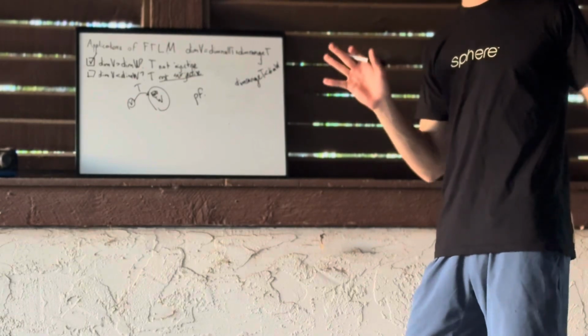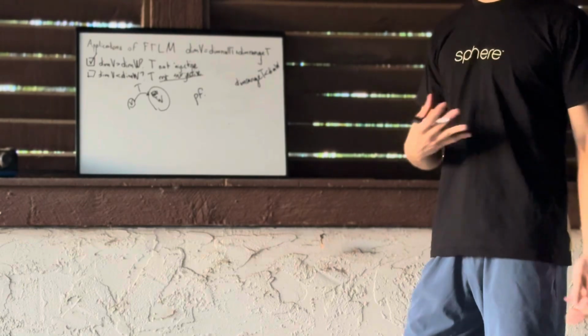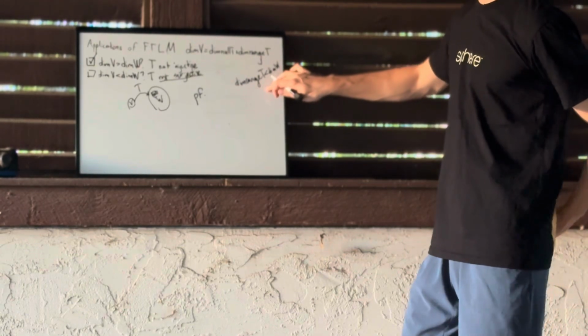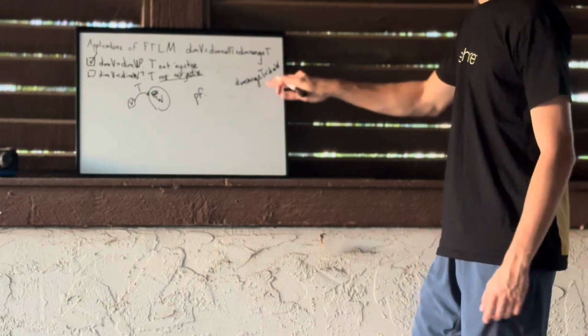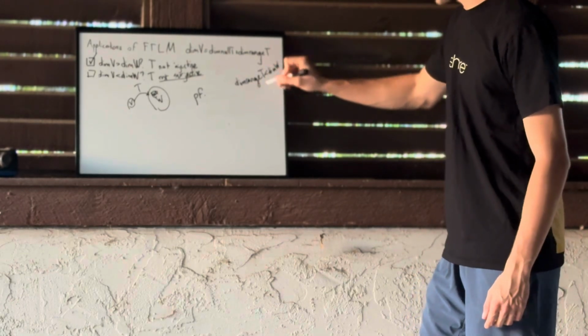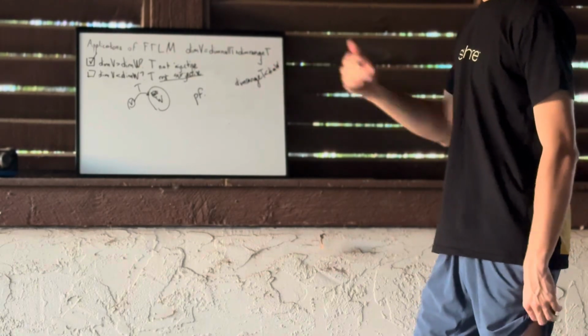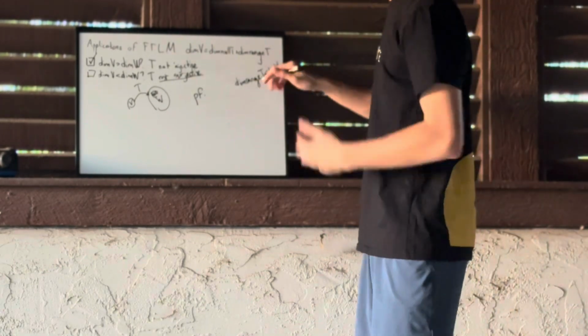Leave a comment if any of this is confusing you. I know I'm skipping a few steps, but I'm assuming that you've watched the other parts of the series, and so from a statement like this, it would follow pretty quickly that the range of T has to be a proper subset of W, and therefore T is not surjective, okay? So this is what we want to show.